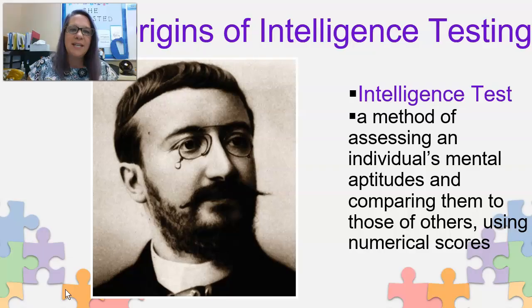So intelligence testing, how did this come about? This gentleman here is Alfred Binet, and he is credited with creating the first intelligence test that we still use a form of today. So intelligence testing is just assessing your individual mental aptitude and then, of course, comparing it to other people.